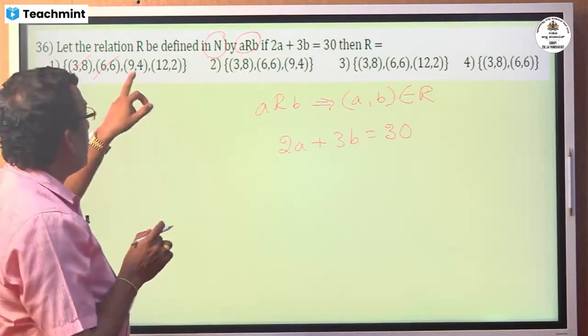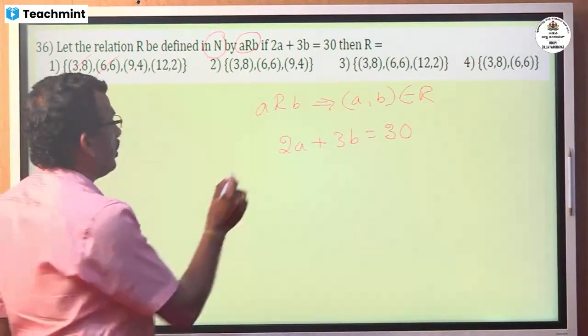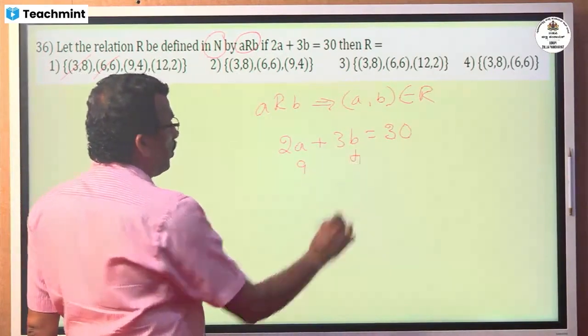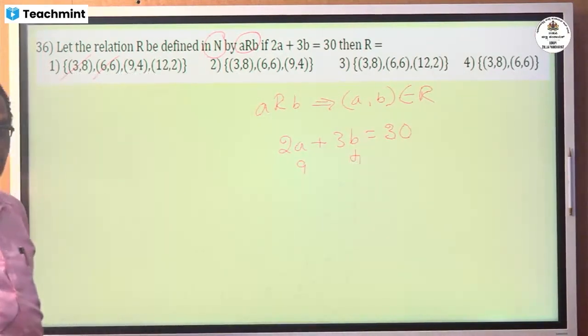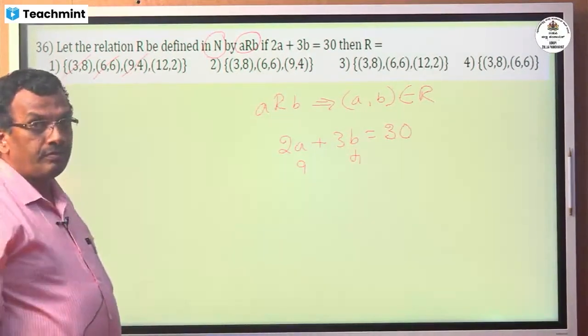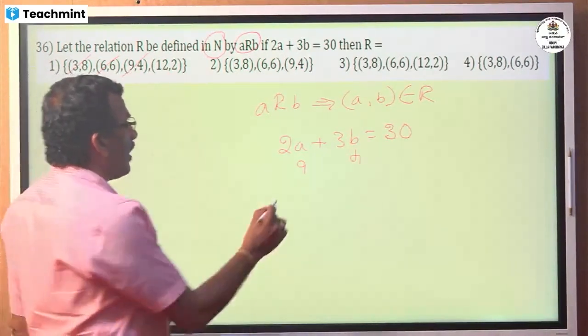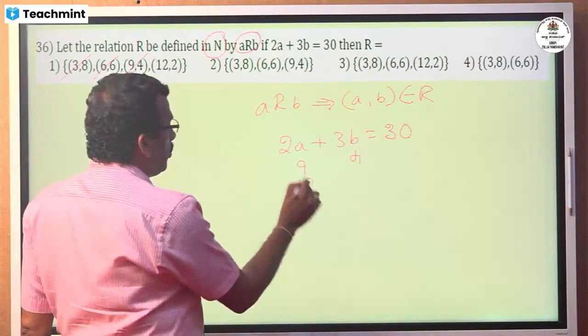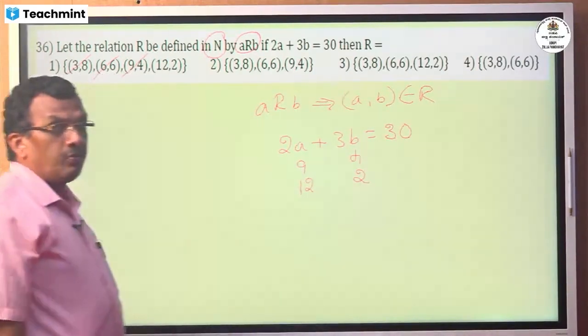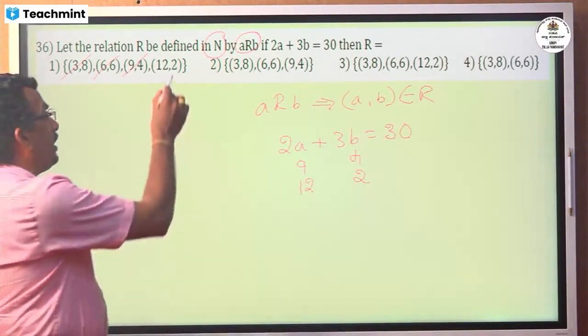Now when I put (9, 4): 2 into 9 is 18, 3 into 4 is 12, 18 plus 12 equal to 30, so (9, 4) works. When I replace x by 12, 12 into 2 is 24, 3 into 2 is 6, 24 plus 6 is 30, it works.